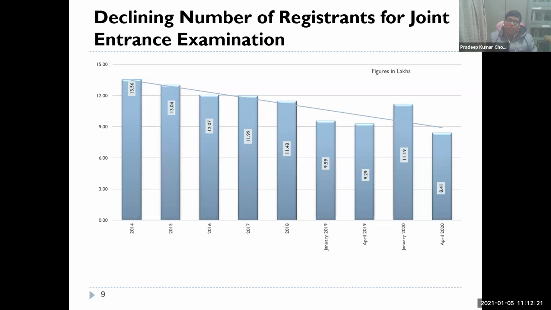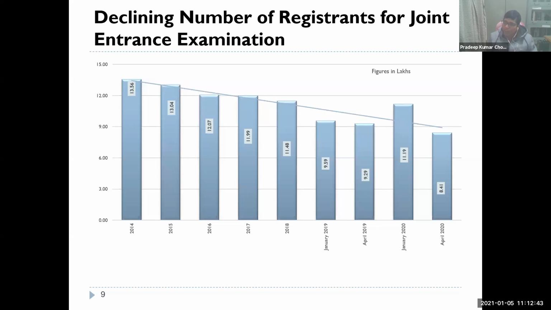In 2014, let's say 13 lakh students aspired for engineering education, or sat in the JEE entrance exam, which was 8.41 lakh in April 2020. So there is a drastic decline in the demand. It shows that the aspiration towards engineering education has also declined drastically.